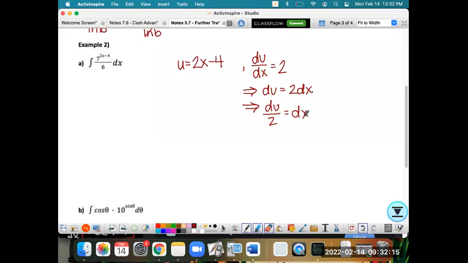All right, let's go ahead and u sub. So that would be 7 to the u over 6. And then dx gets replaced with du over 2. I am going to go ahead and factor out the coefficient. Technically, that would end up being 1/12. And then we will actually integrate 7 to the power of u du.